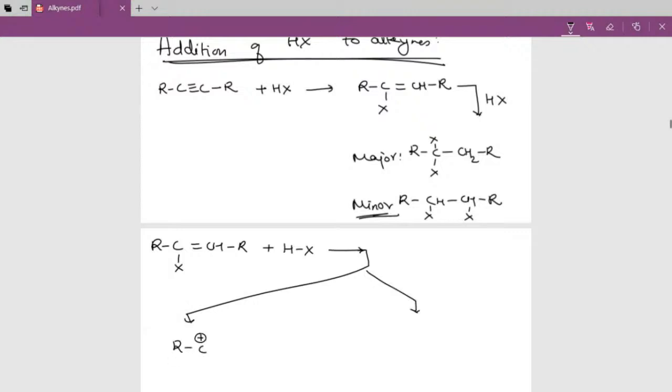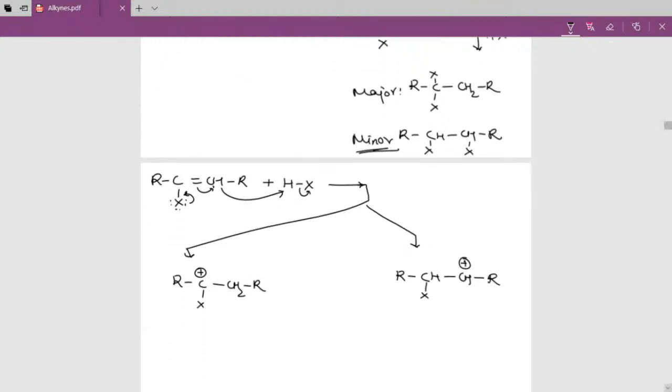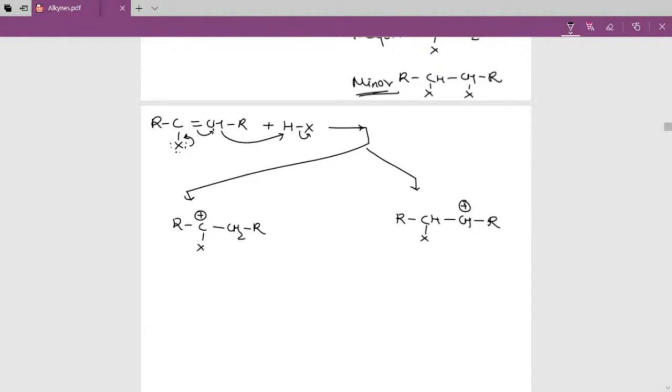I can have RC plus X single bond CH2R when this is the site where H plus is added. See, this type of resonance will be there, na? Okay. But what if this resonance is not used and I have this? So this is one possibility. Okay. Both of these carbocations are unstable, RCH2CH plus R. They are both unstable.